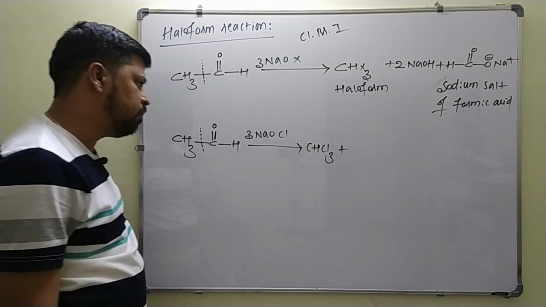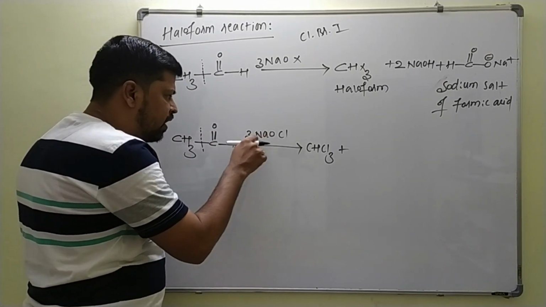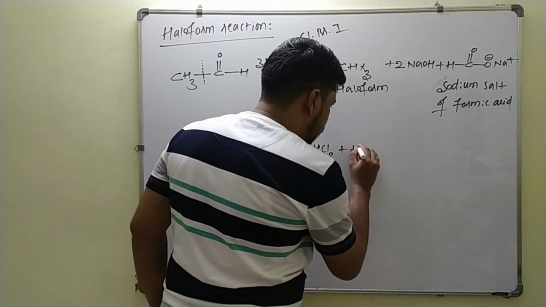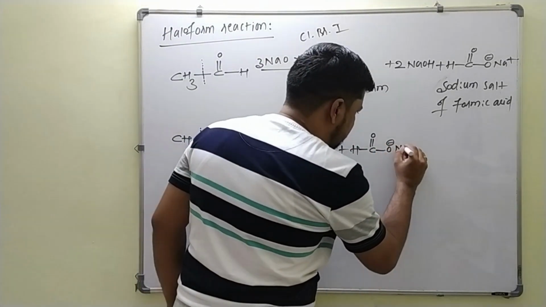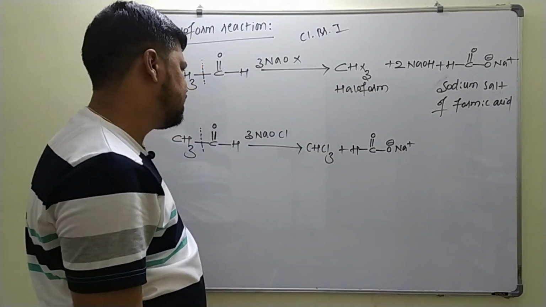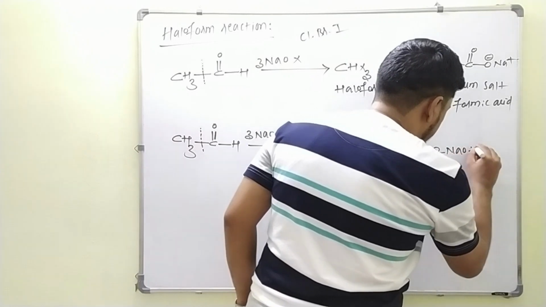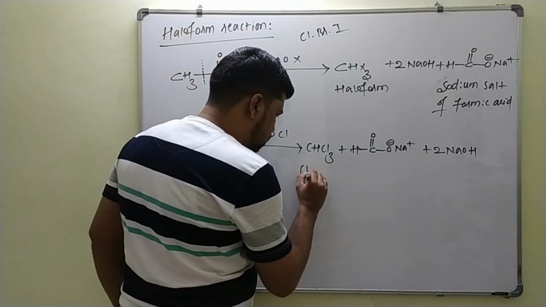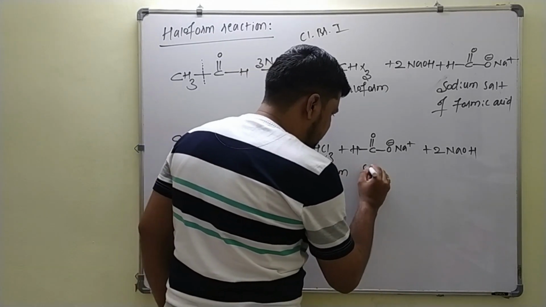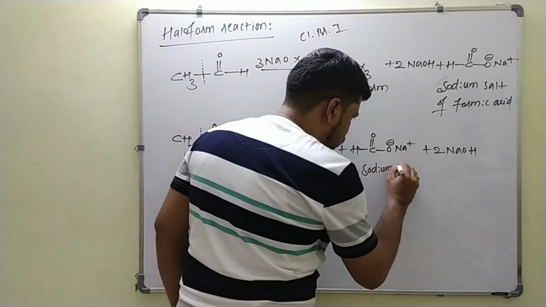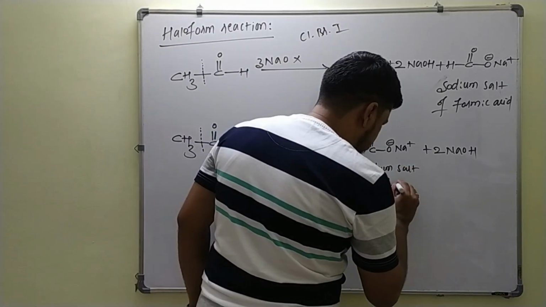This is your chloroform, plus HCOONa, HCOO minus Na plus, the sodium salt of formic acid, and the remaining is 2 times NaOH here.